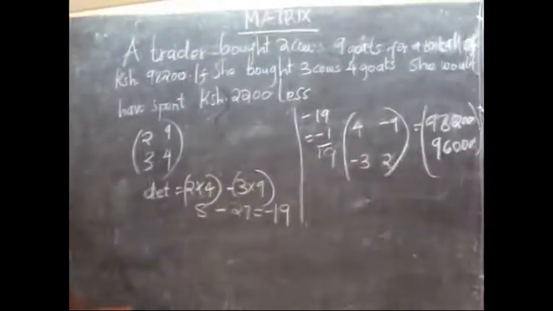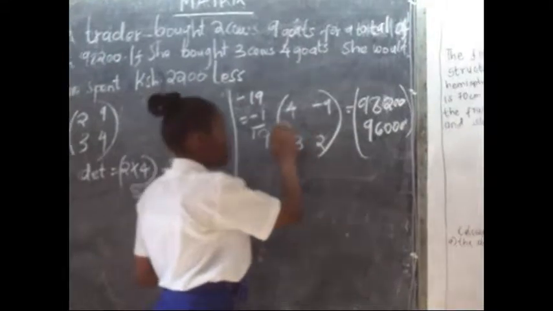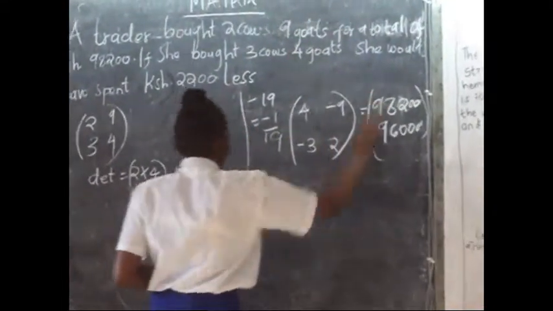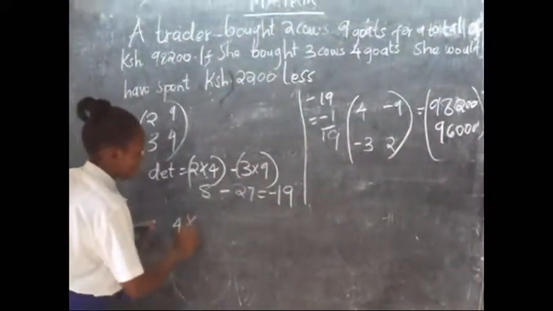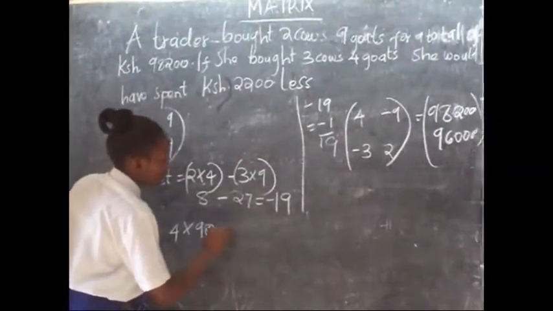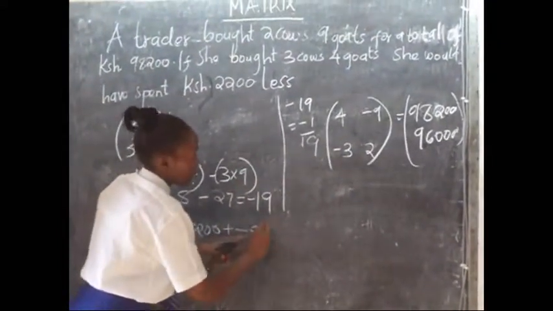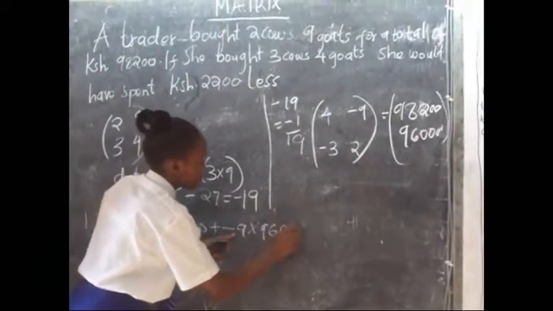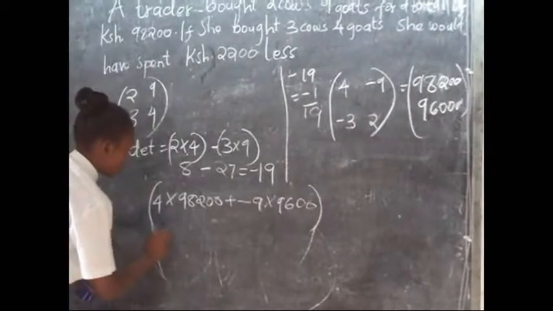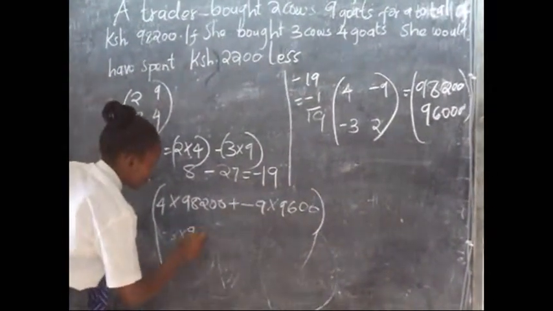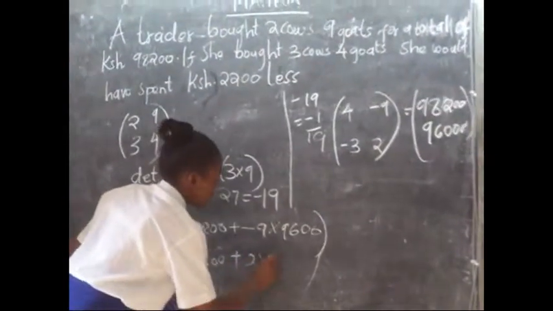After this, we are going to multiply everything in the first. 4 times 98,200 plus negative 9 times 96,000. And negative 3 times 98,200 plus 2 times 96,000.